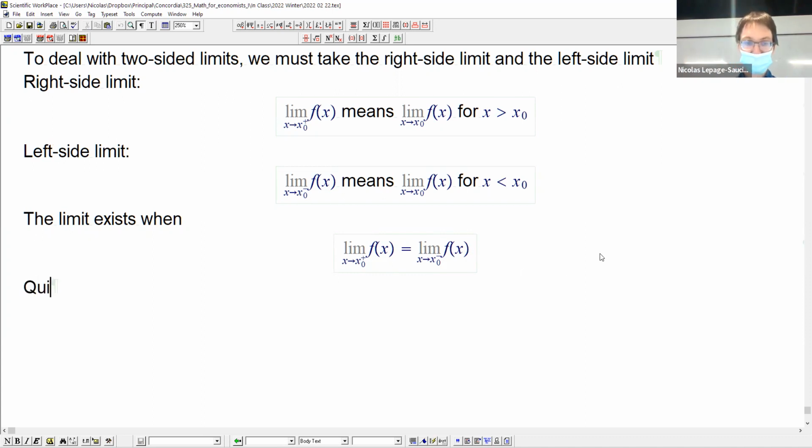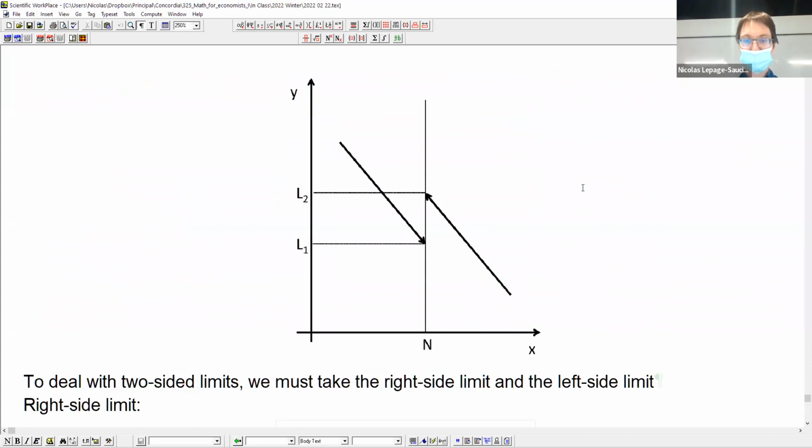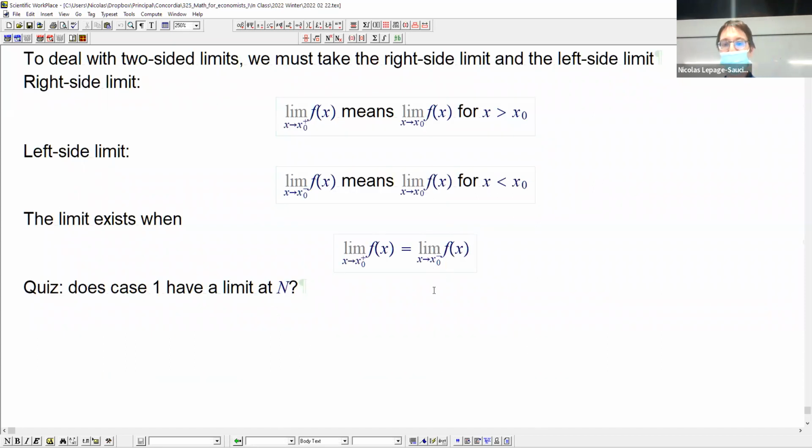Okay, so quiz. Does case 1 at n, so just let you copy this.